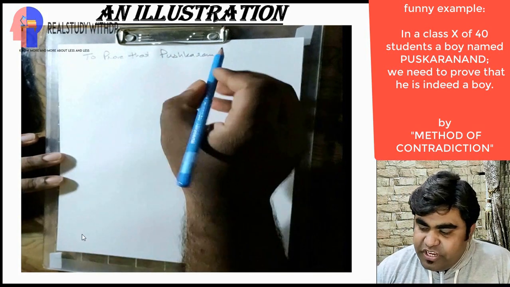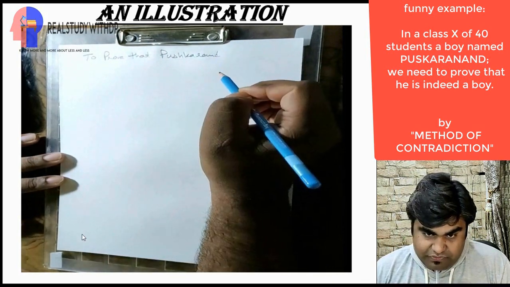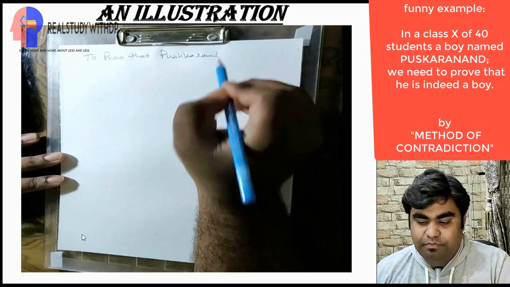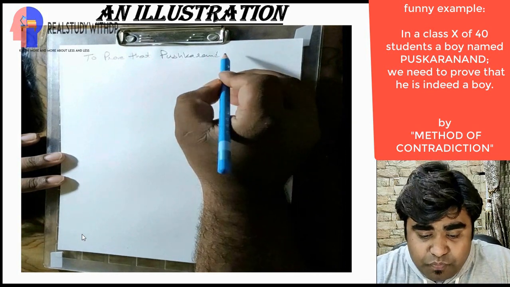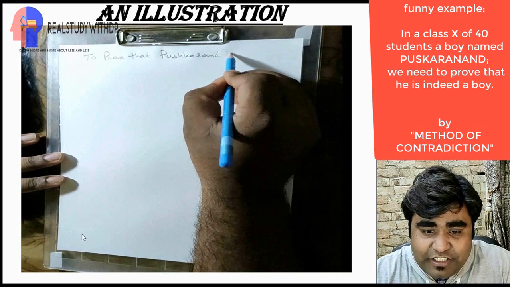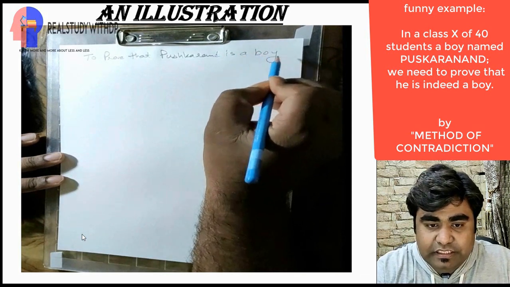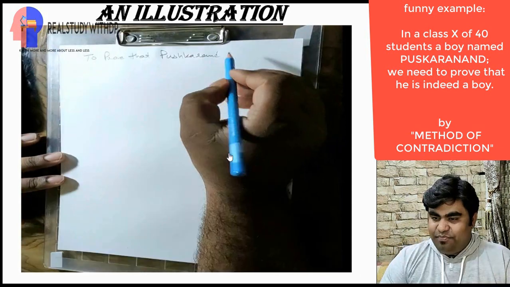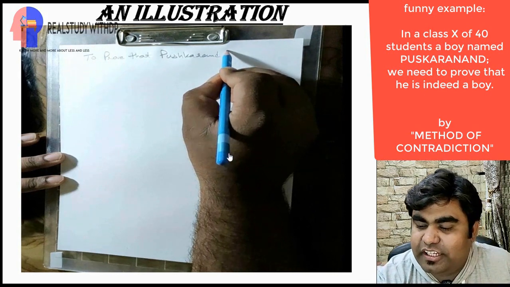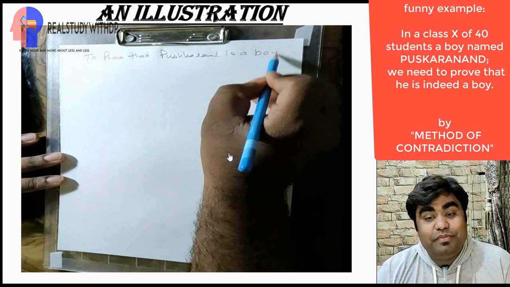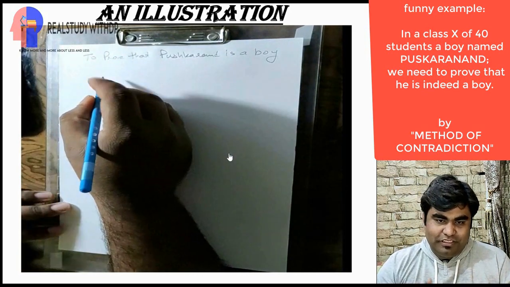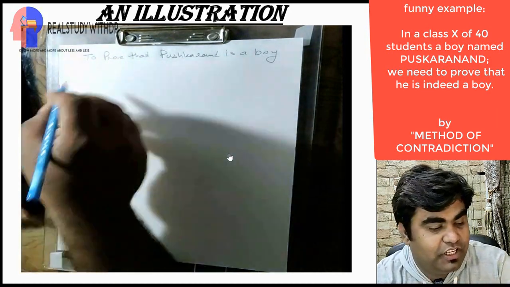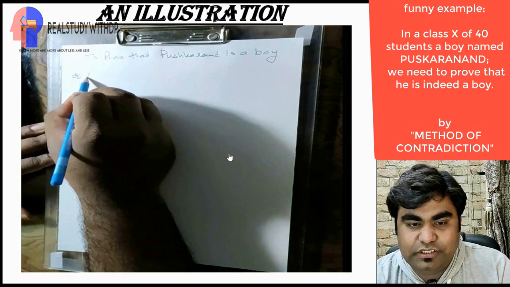So the objective of the illustrative example is to prove that, according to the steps associated with the proof of contradiction, we are going to see how this works.